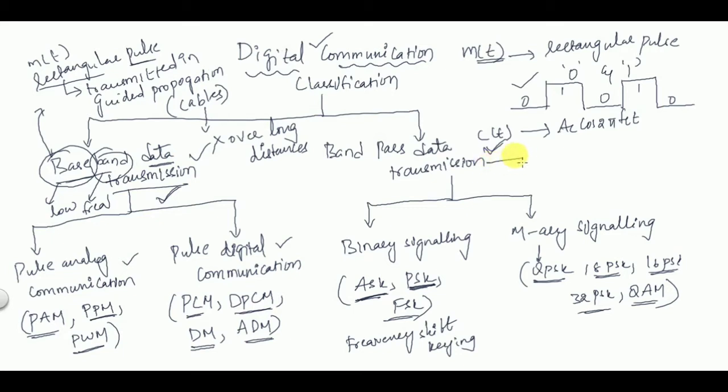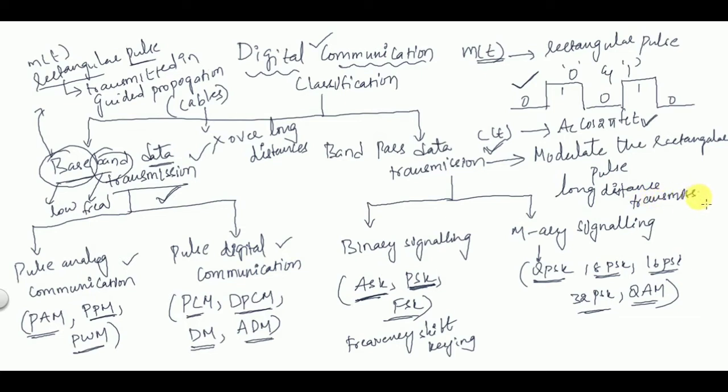In bandpass data transmission, we make use of a high frequency carrier to modulate the rectangular pulse. You modulate the signal and pass it through free space, for long distance transmission. If you want to use digital communication for long distance transmission, then you have to use bandpass data transmission.